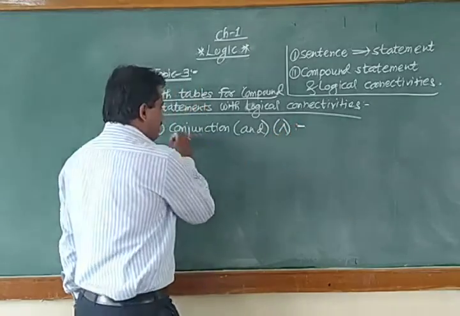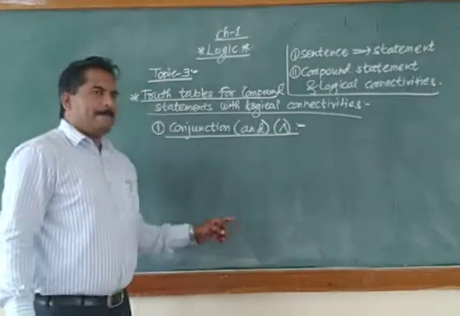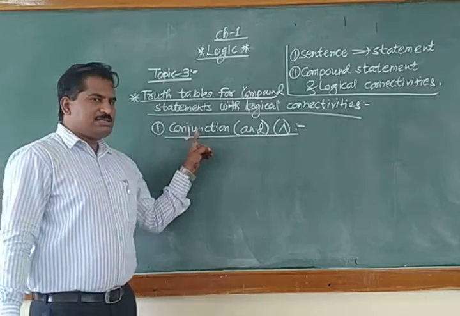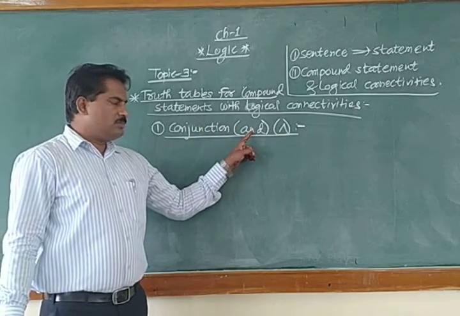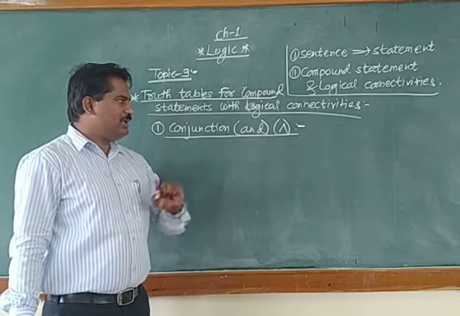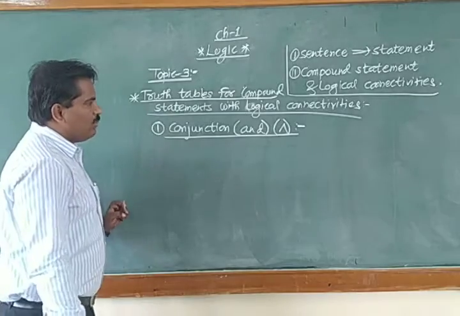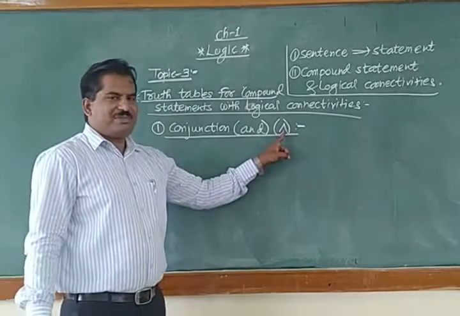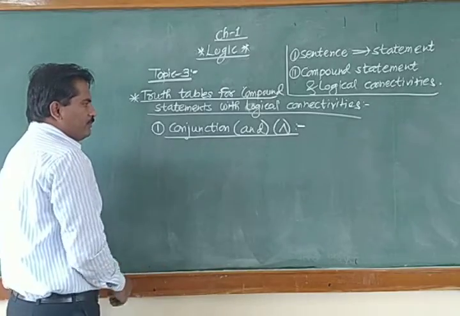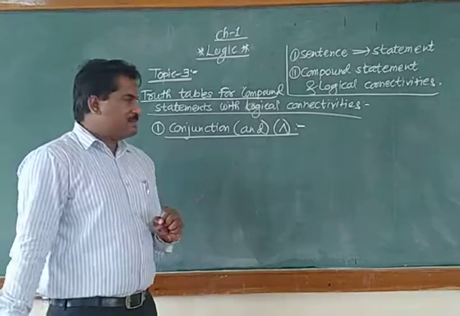Its symbol is the downward V. It is a symbol of 'and'. It is a conjunction. Its logical connective is 'and'. Its symbol is the downward V. Okay.